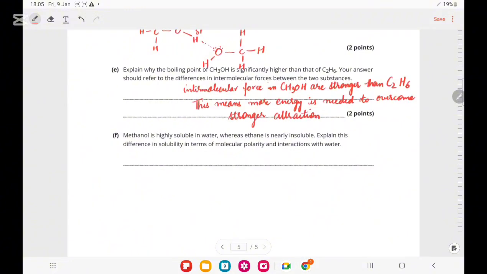Now the last question is, they are saying methanol is highly soluble in water while ethane is nearly insoluble. Explain the difference in solubility in terms of molecule polarity and interaction with water.